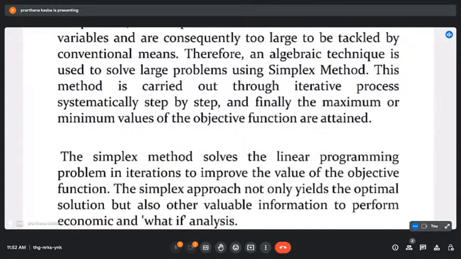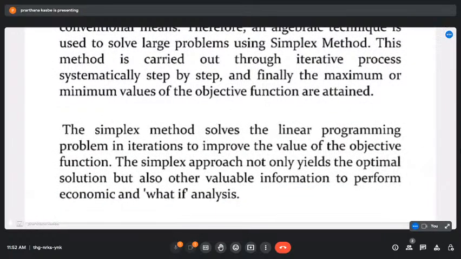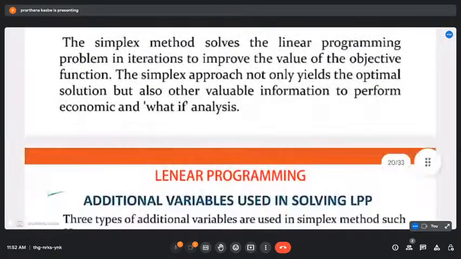The simplex method solves the linear programming problem in iterations to improve the value of the objective function. The simplex approach not only yields the optimal solution but also other valuable information for what-if analysis.